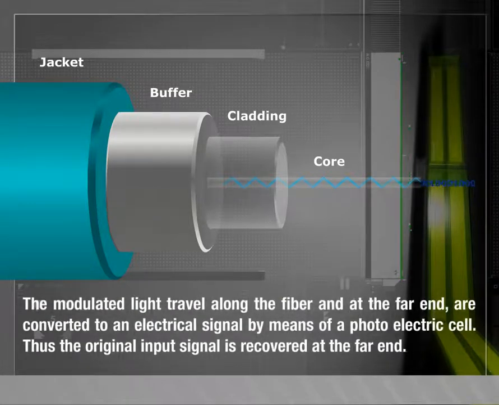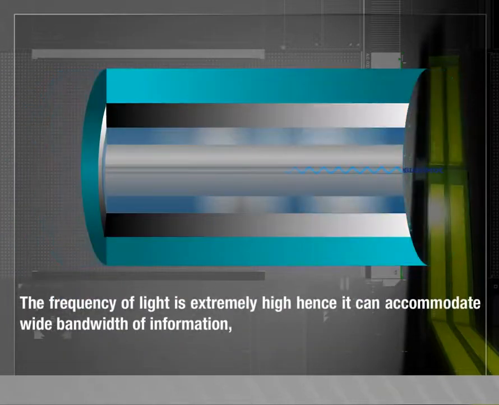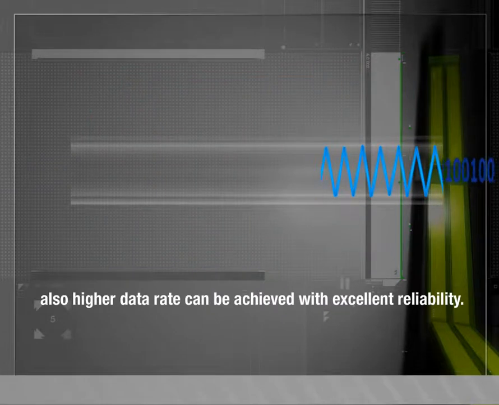The modulated light travels along the fiber and at the far end is converted to an electrical signal by means of a photoelectric cell. Thus, the original input signal is recovered at the far end. The frequency of light is extremely high, hence it can accommodate wide bandwidth of information. Also, higher data rate can be achieved with excellent reliability.